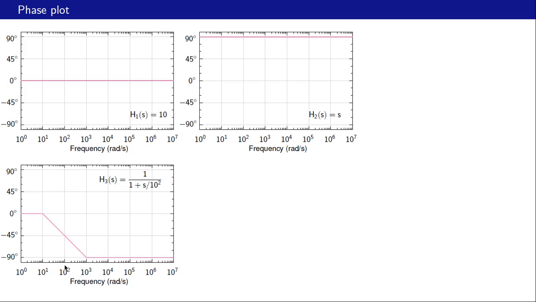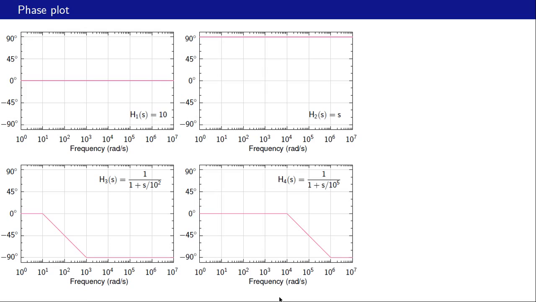Then we go 1 decade higher than the pole, that is 10 raised to 2, that brings us here, and then we draw a horizontal straight line at minus 90 degrees, and then we just join these two. That is how we get the phase of h3 as a function of frequency.